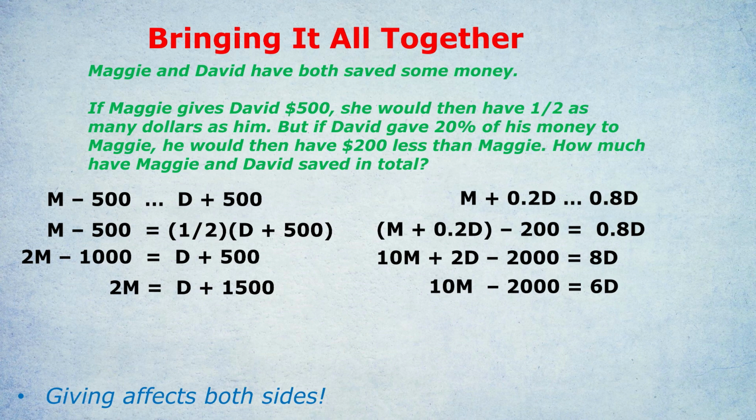And now we have a simultaneous equation to solve, and we're going to have to find both m and d because we need to find out how much they have in total. At this point, I'm going to go back to substitution because the left-hand side equation is already expressed as m equals blah, blah, blah. And in that situation, it is easier to substitute.